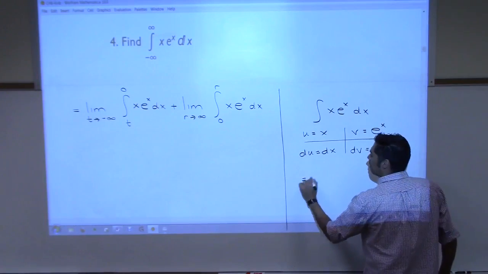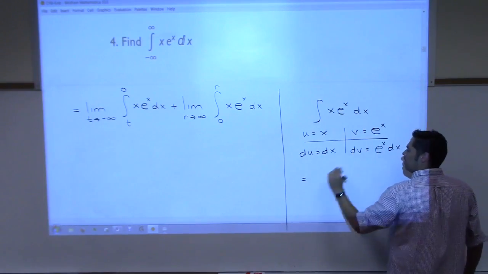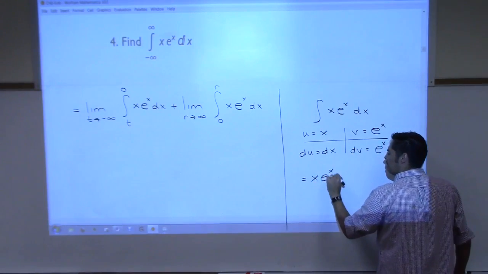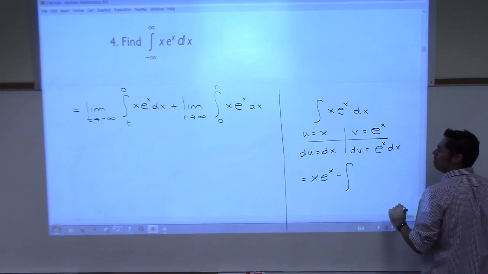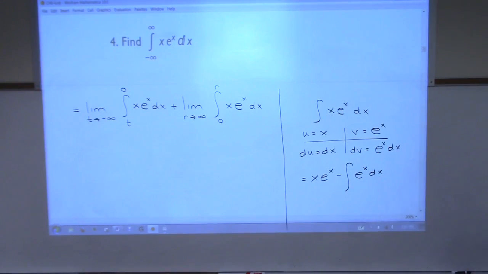This integral becomes uv minus integral of v du. So uv is u times v, so x e to the x, minus the integral of v du, which is e to the x dx, which is just e to the x, right?